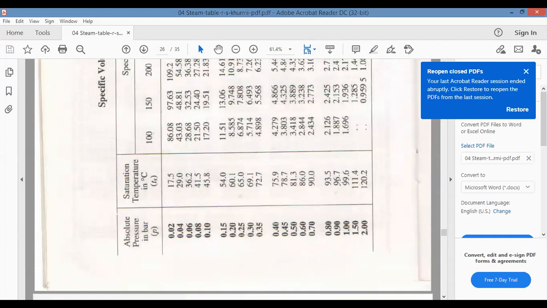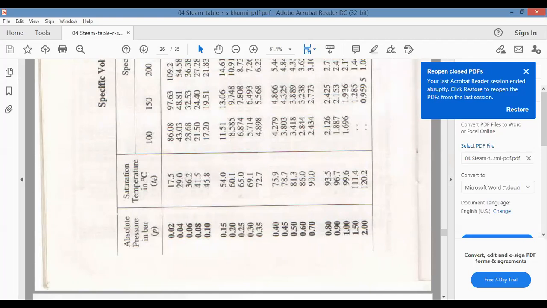Let us say that the steam is at around 1 atmospheric pressure, it is superheated, and its temperature is 150 degrees centigrade. So at 1 atmospheric pressure and 150 degrees centigrade, if you go straight up to 150 degrees centigrade, you will find that your specific volume is 1.936 meter cube per kg.